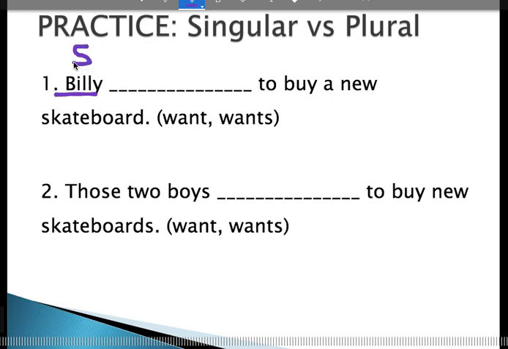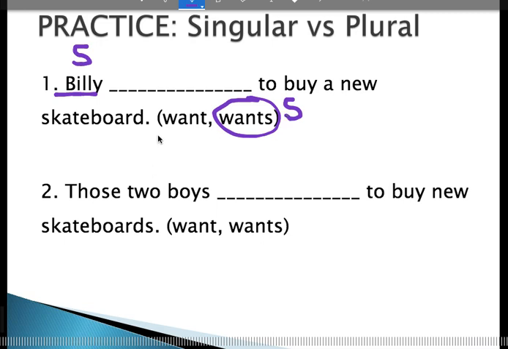So we need to pick out the singular verb. Remember, singular verbs have an S. That means we want wants because it has an S. It's a singular verb. And if you read it out loud, you'll hear that. Billy wants to buy a new skateboard. It sounds incorrect if I said Billy want to buy a new skateboard.